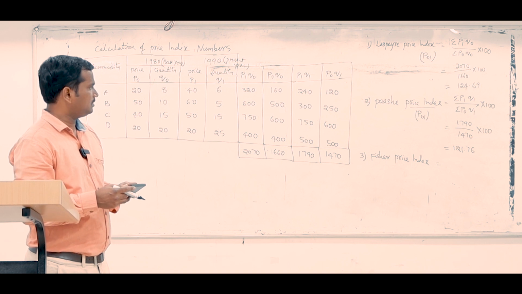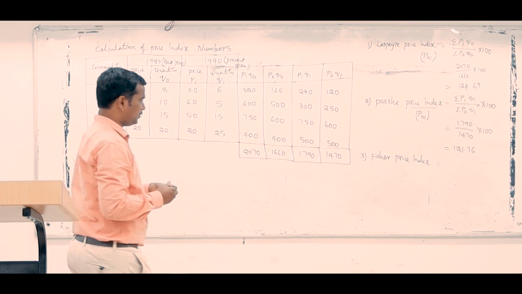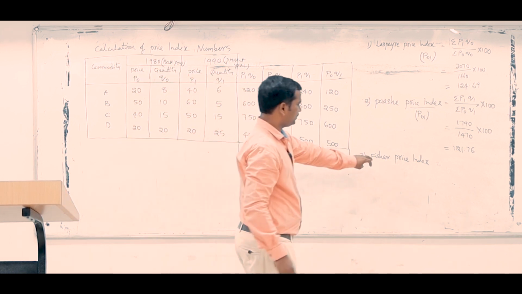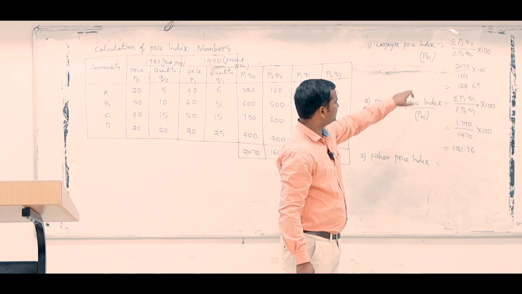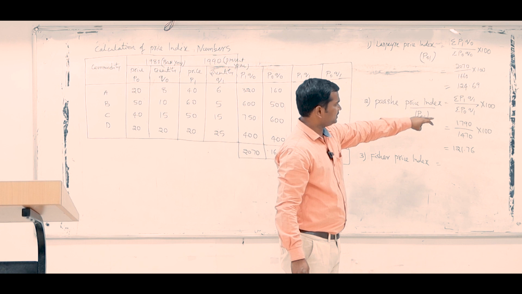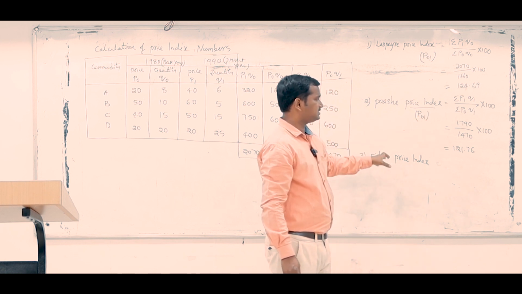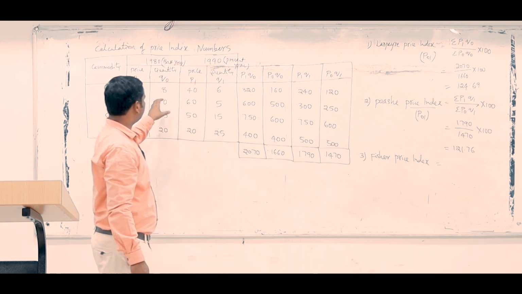So next is Fisher price index method. So this is a very important method. So here Laspeyres has taken the base year quantities, whereas Paasche has taken the present year quantities. So Fisher has constructed the price index by taking both the quantities.